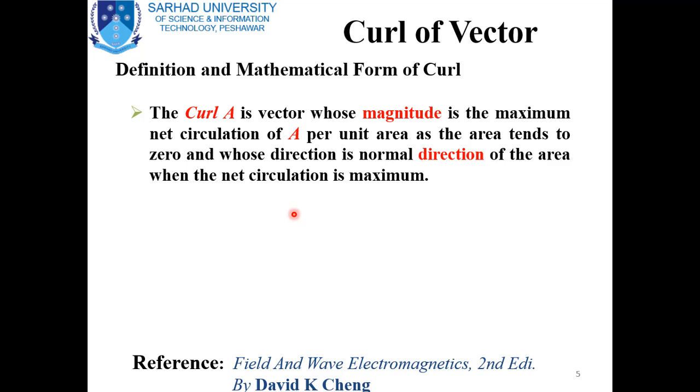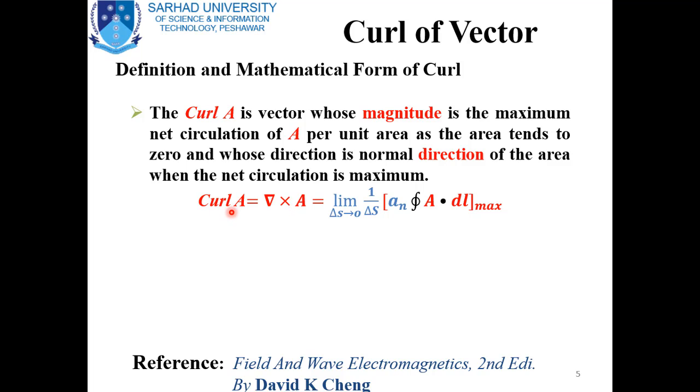of that vector per unit area, and the direction of the curl of a vector A is the direction of that small surface whose direction is normal to the plane, and can be written as curl of A is equal to del cross A. Del cross A represents the curl.